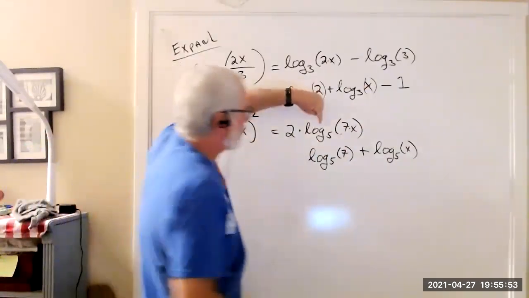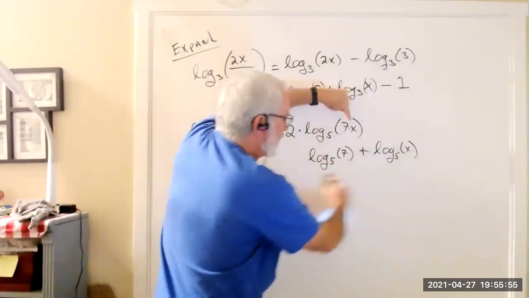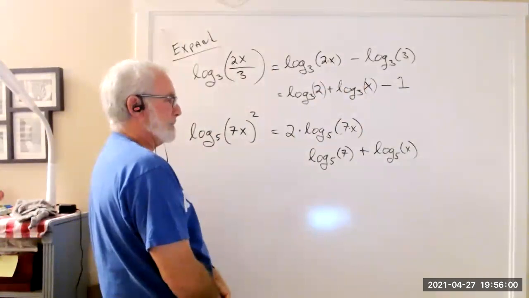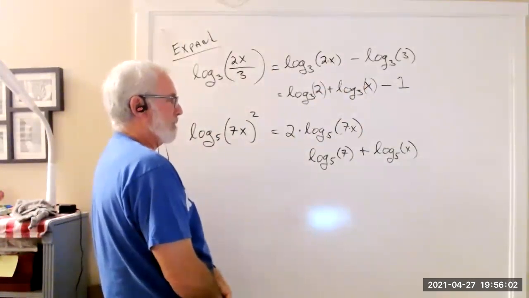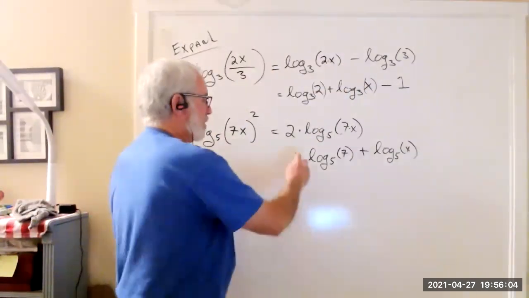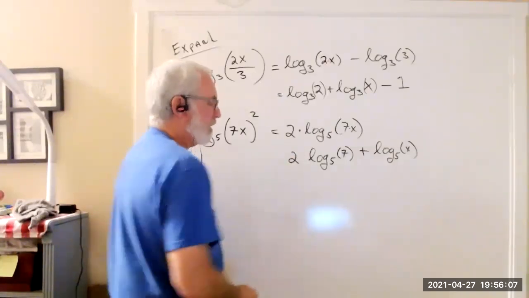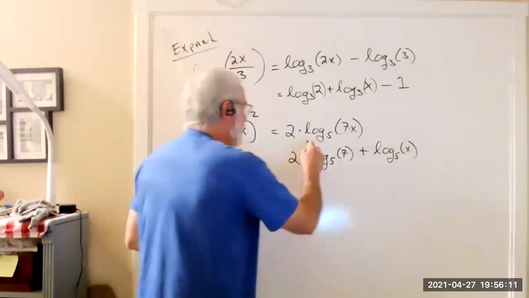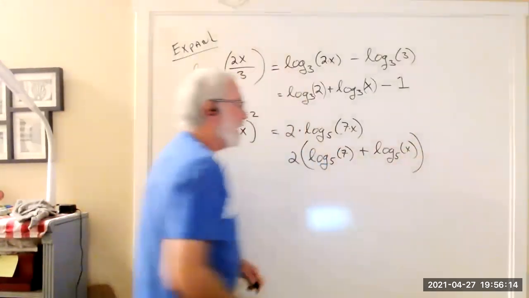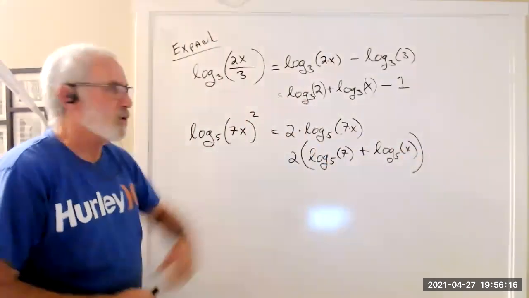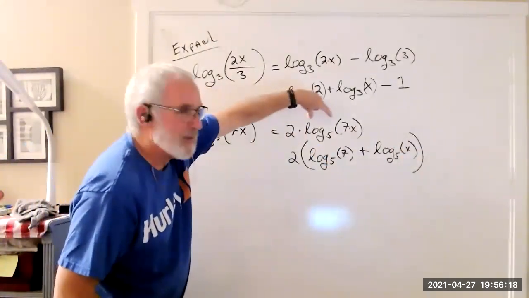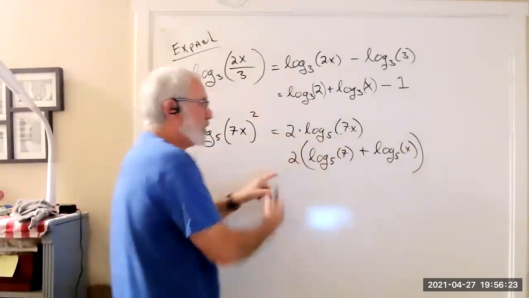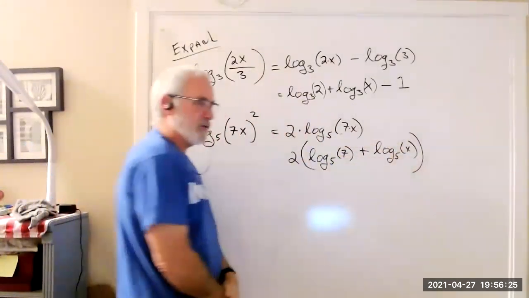So we took the log base 5 of 7x and split it apart that way. What about the 2? Well, it comes down. You times the whole thing by 2. I'm glad you said the whole thing. It means all of it times 2, because this is 2 times this mess. So even though you expand the mess, it's 2 times the expansion of it.